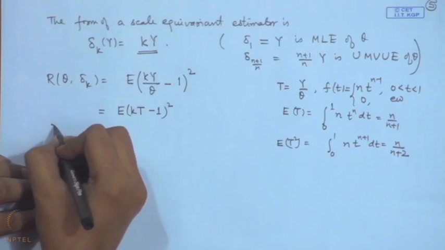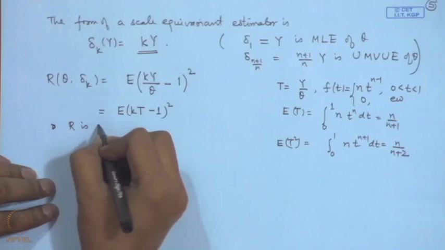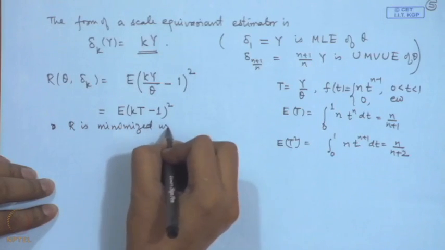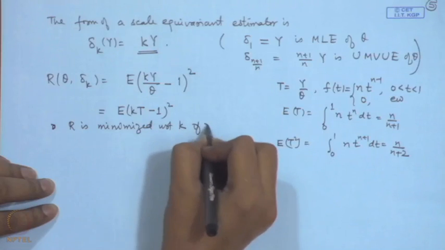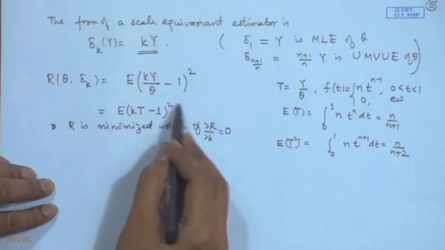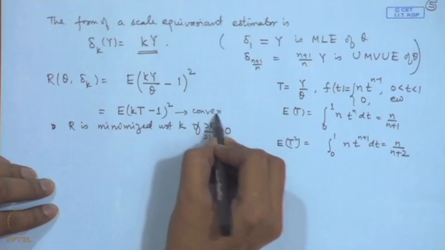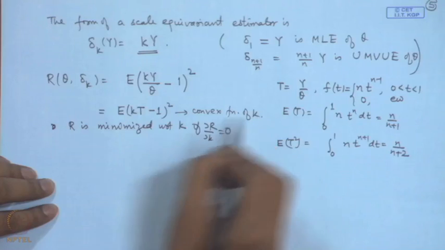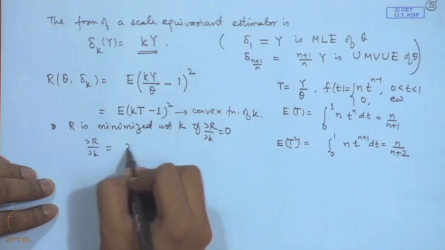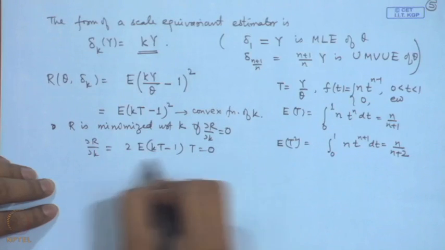If we consider the minimization with respect to k, r is minimized with respect to k if del r by del k equals 0. Why? Because this is nothing but a convex function of k. So, del r by del k gives twice expectation of (k t minus 1) into t equal to 0.